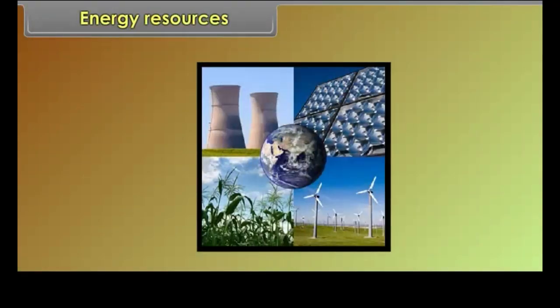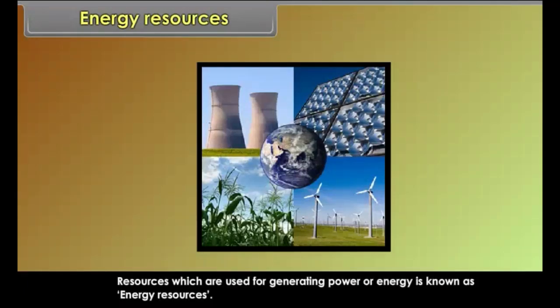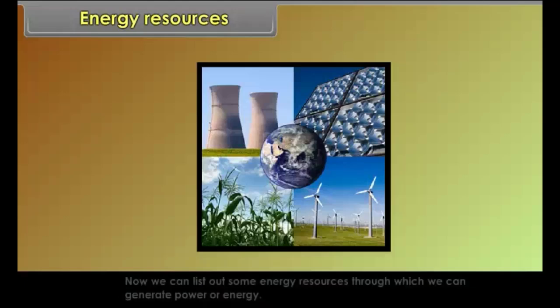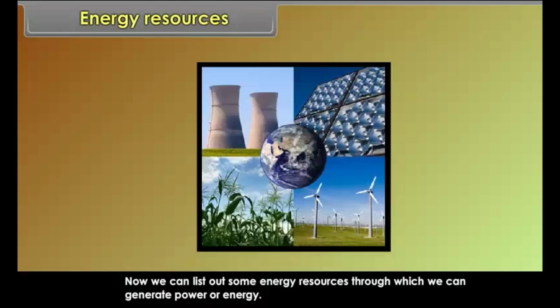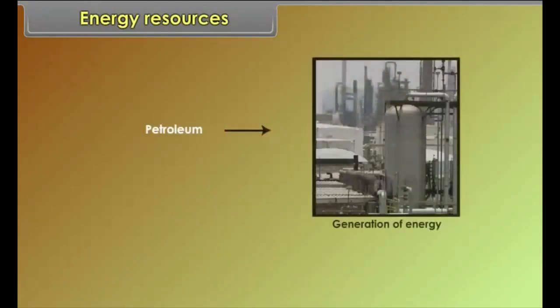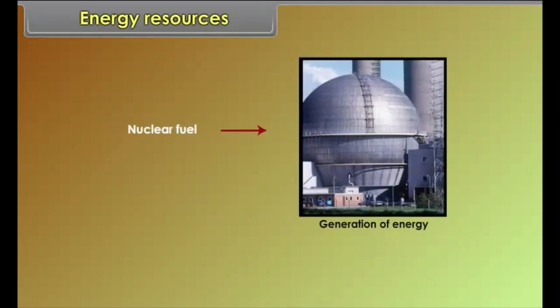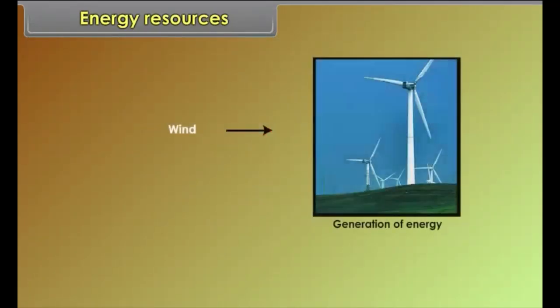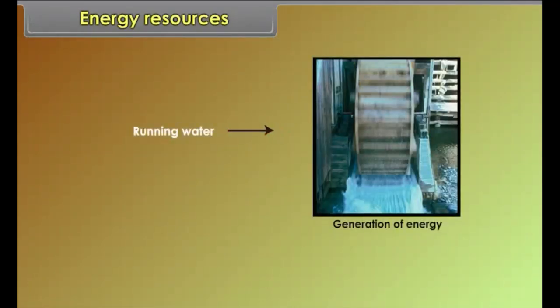Energy resources. Resources which are used for generating power or energy is known as energy resources. Now, we can list out some energy resources through which we can generate power or energy: coal, natural gas, petroleum, nuclear fuel, wind, running water.